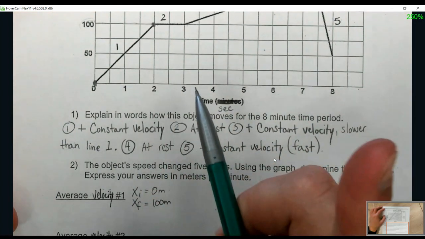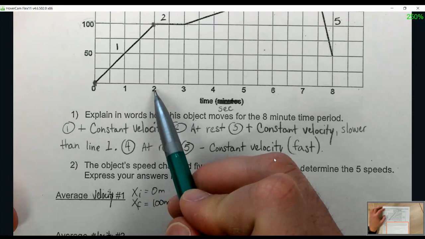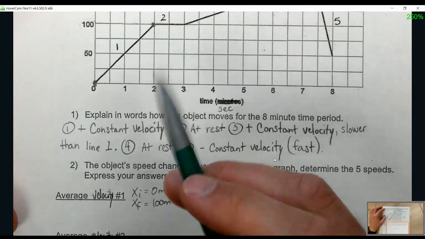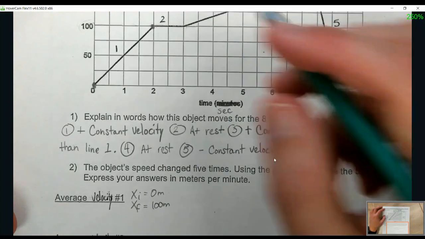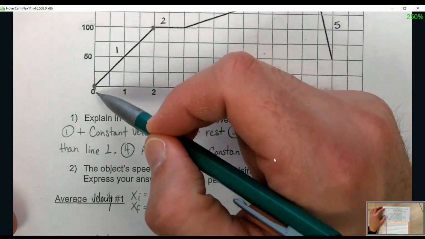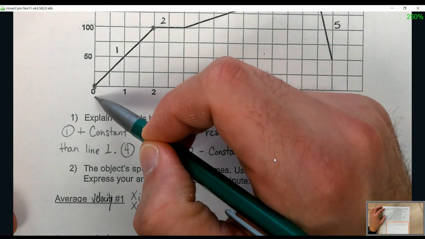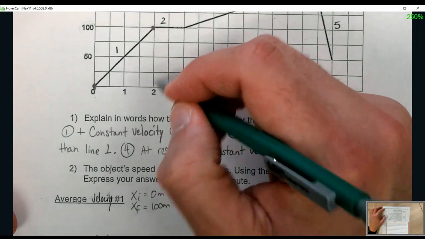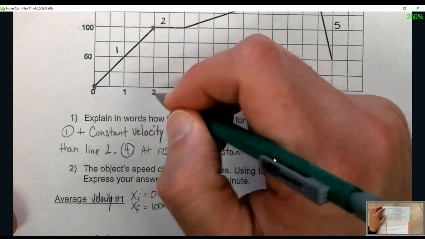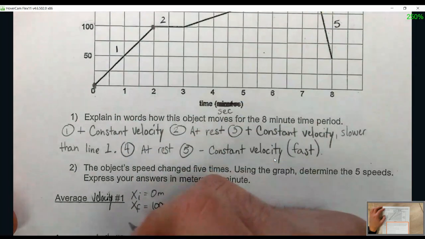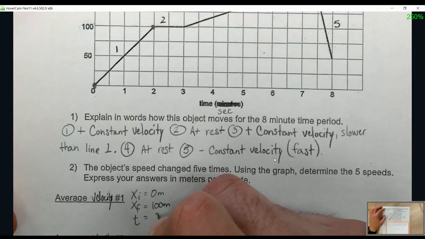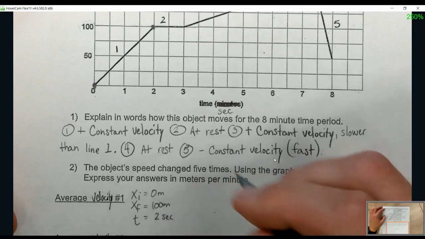Well, yes, considering we're doing it over this specific time. So how do you determine the time? Well, what was your time at the start of the line segment? It was 0. What is your time at the end of the line segment? You're at 2. 2 minus 0 is 2 seconds. So your t is 2 seconds.